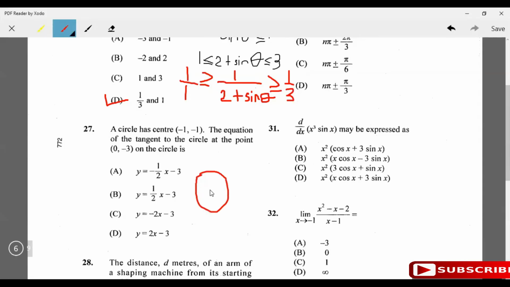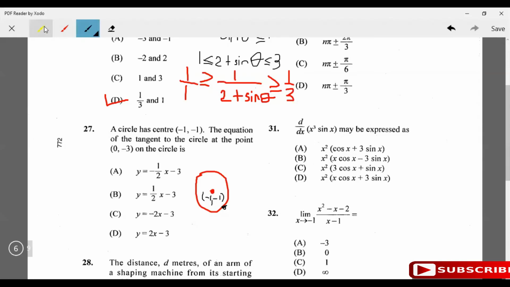I like to draw my circle. This is the center, and then we have the point of tangency. And we have some point 0, -3 on the circle.